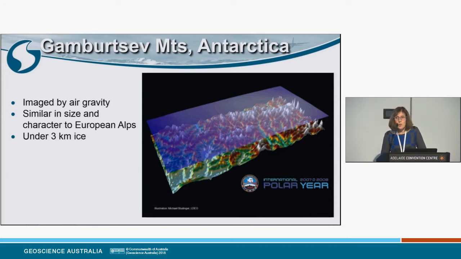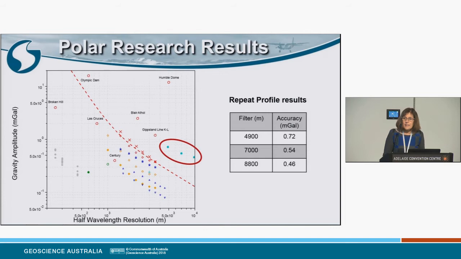Under an ice sheet, so on land, sometimes the ice penetrating radar gets confused if the ice is broken or saline, and so then the gravity helps to define the topography under the ice. And in one particular and very beautiful application of that, this is an image that was made from the air gravity data of the Gamburtsev Mountains, which are on Antarctica. And they're huge mountains, kind of like the Alps, but they just happen to be under 3 kilometers of ice.